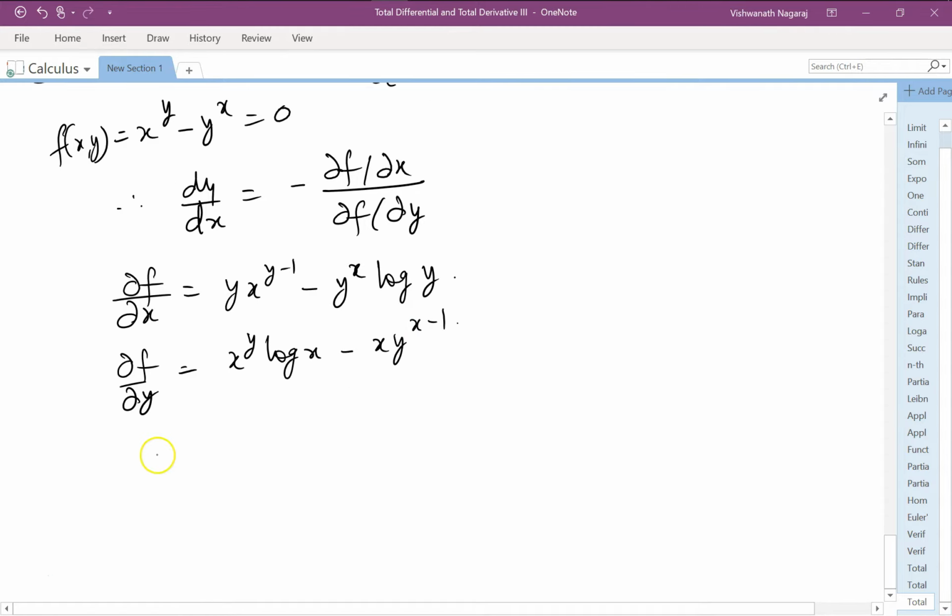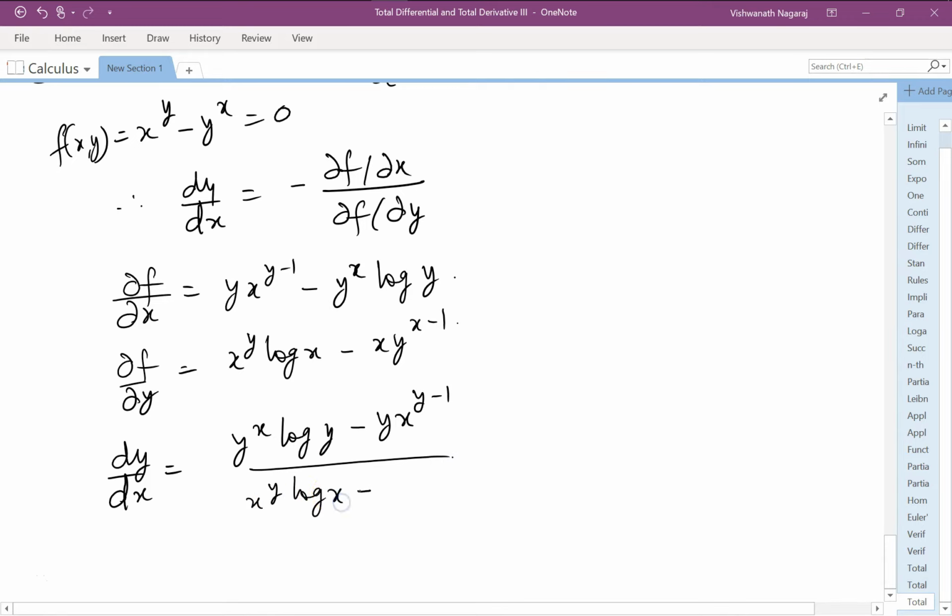Okay, so now dy/dx is equal to minus. Now instead of writing minus, let's reverse the signs of the numerator. So y^x log y minus y x^(y-1) divided by x^y log x minus x y^(x-1).